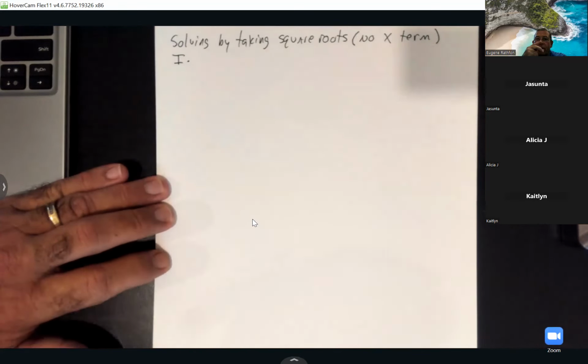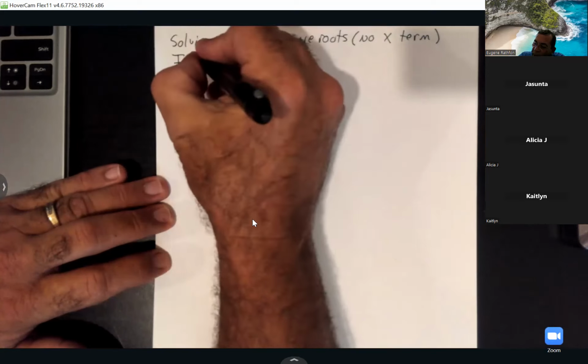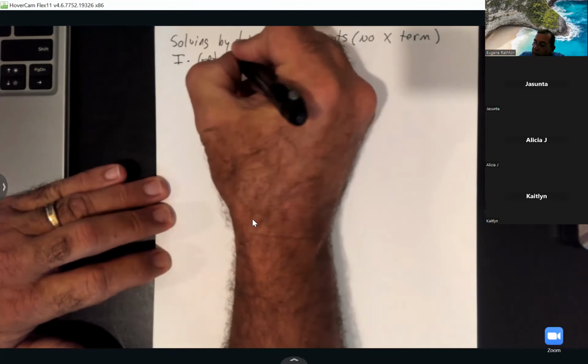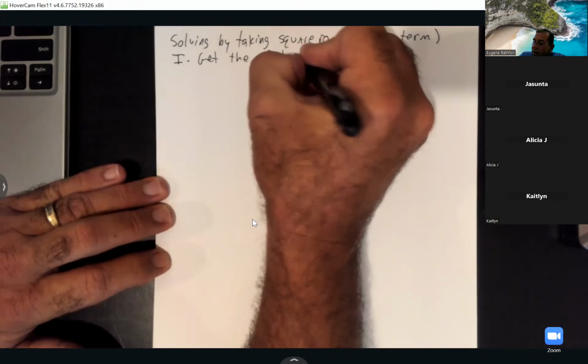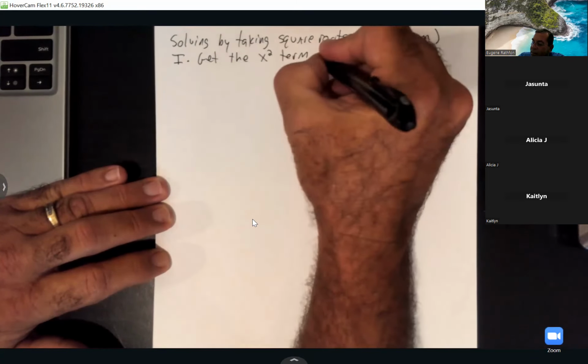So the first thing you want to do, you want to get the x squared term on one side by itself.